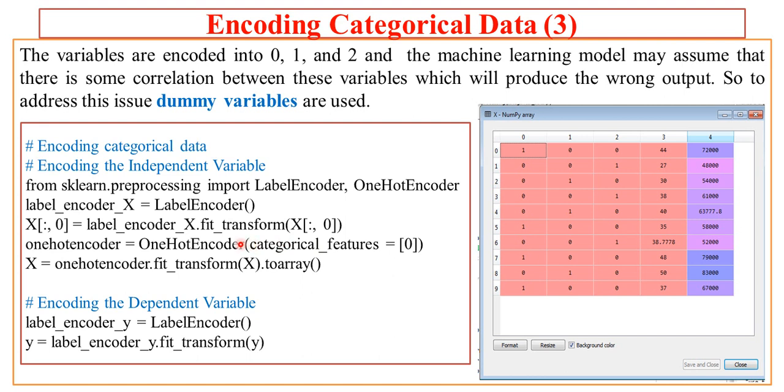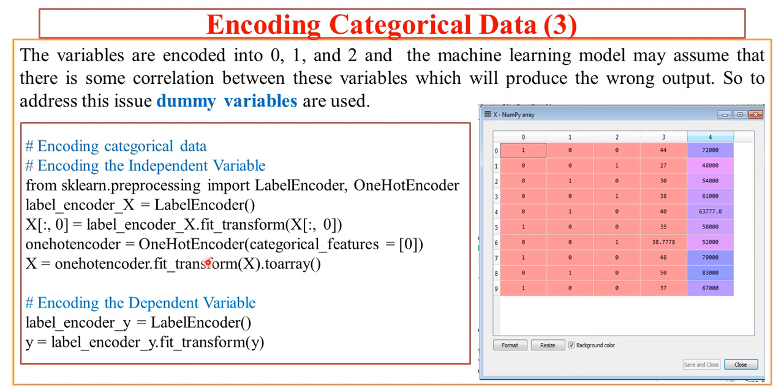I mean to say dummy variables should be created for the categorical features. And what is that categorical feature? That is the only one feature at a time, that is country at column index 0. Why? Because we are just looking at the independent part of the data set, not at the dependent part.